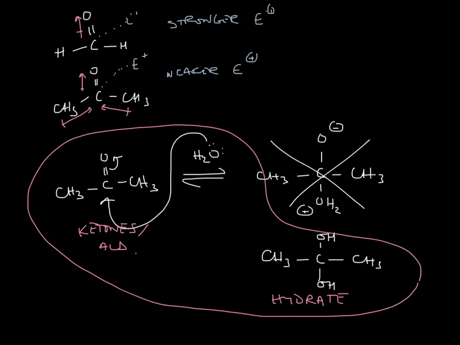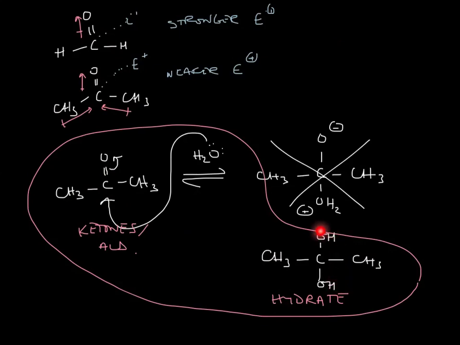Because ketones are less reactive or weaker electrophiles, and aldehydes are stronger electrophiles, aldehydes tend to favor forming the hydrate, and ketones tend to favor leaving it as a ketone. So a lot of times a bottle of formaldehyde is not really formaldehyde by itself. Formaldehyde with water tends to form almost exclusively its hydrate because that electrophile is so strong. With ketones, they tend to stay like this, although they can turn back and forth into their hydrates.